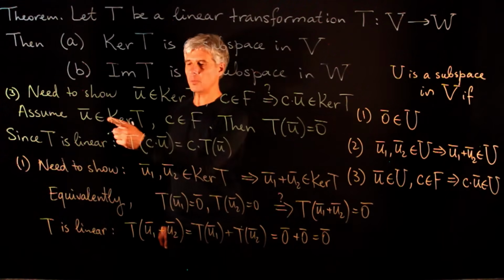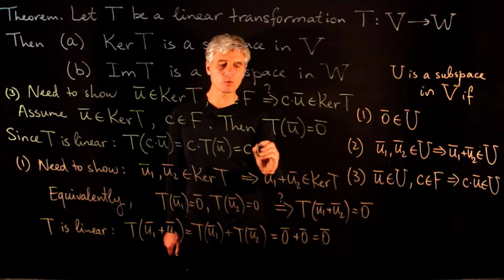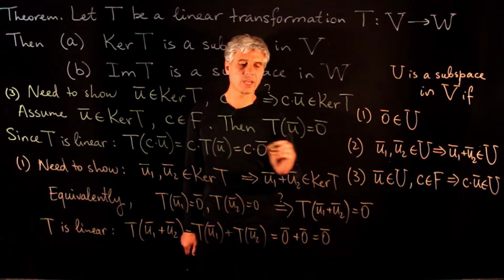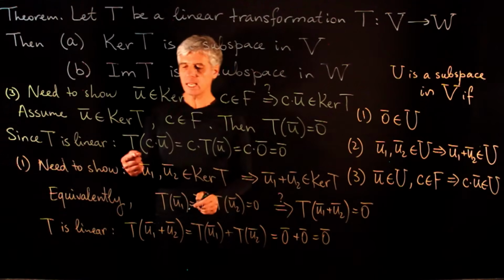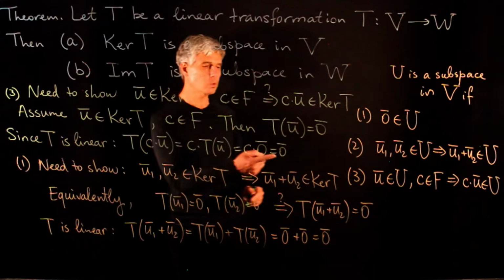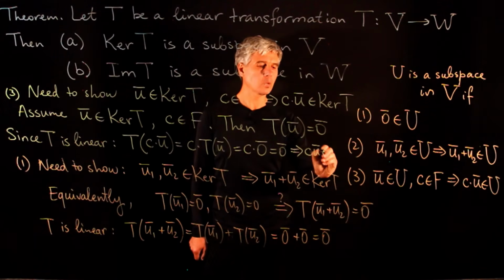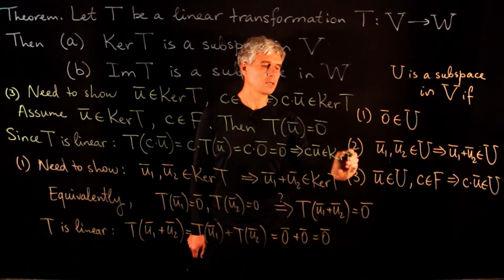But we assume that U is in the kernel, so T of U is 0. So we have C times the 0 vector, but this is a 0 vector. And what we see is that the transformation T transforms CU into a 0 vector. So this implies that CU belongs to the kernel of T.